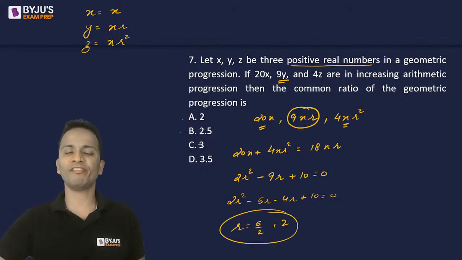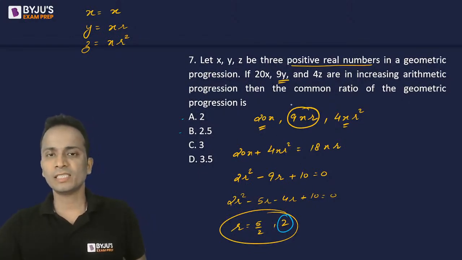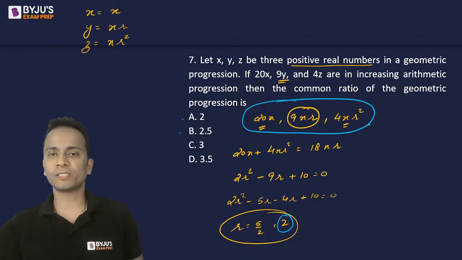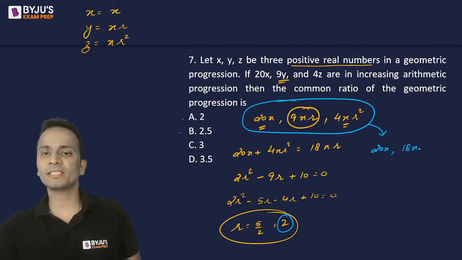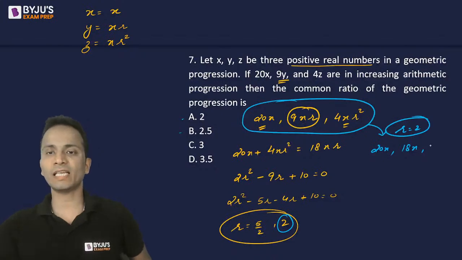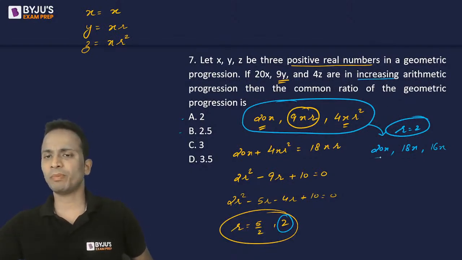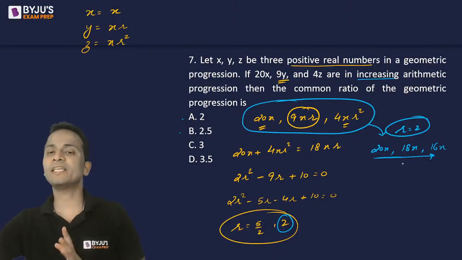Now, if I use these values of r, 5 by 2 or 2, options में दोनों है. I have 2, I have 2.5 as well. If I use 2 as the value of r, then substituting, it will be 20x, 18x, and 16x. Now you are given that this is an increasing arithmetic progression, but this is decreasing.